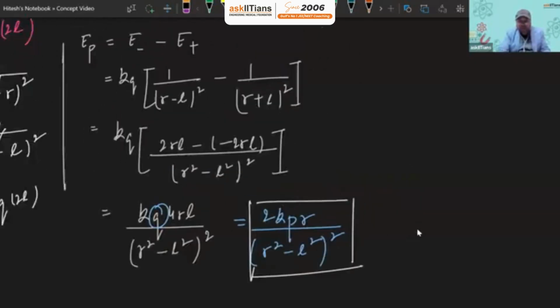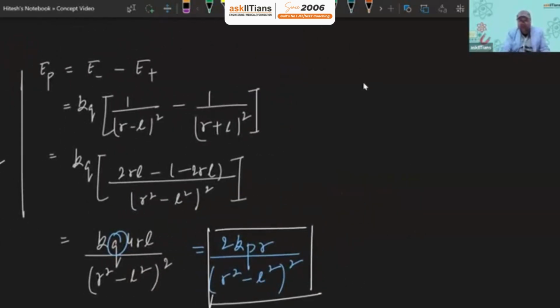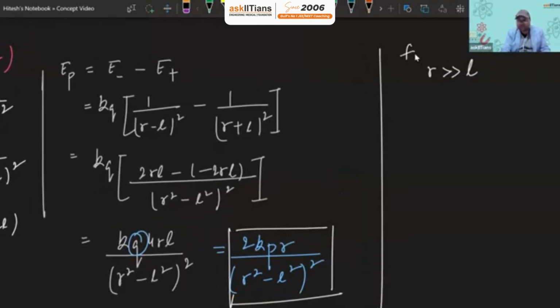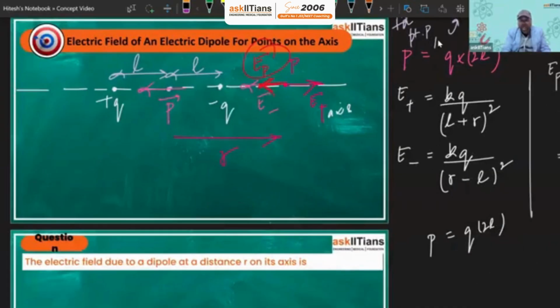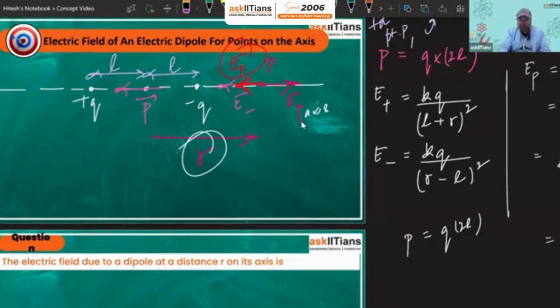Now we can have a very special case here. Let's say my R is very much greater than L, right? The special case that this distance R is very much greater than this L. So that means I am finding the electric field at a very far away point from the dipole, right?